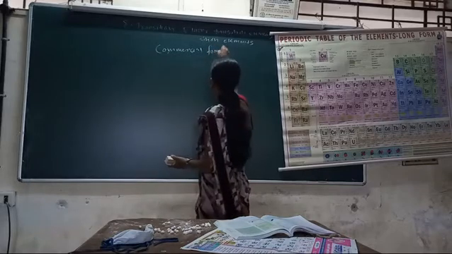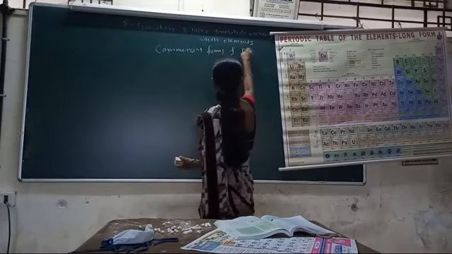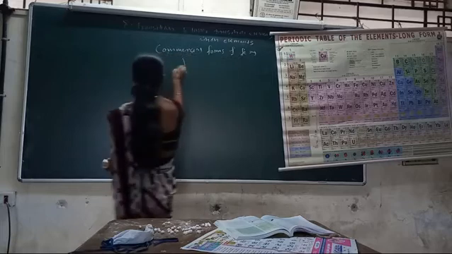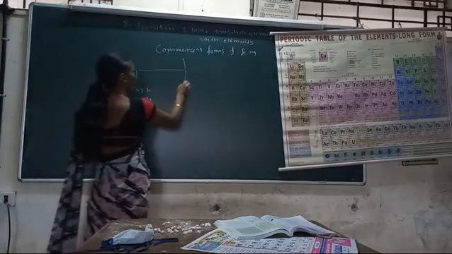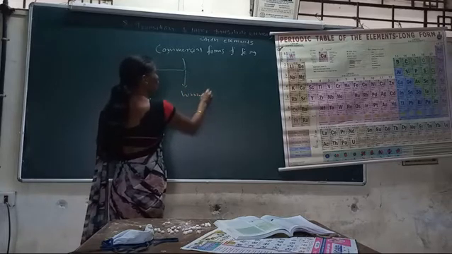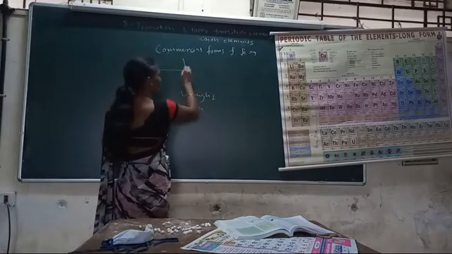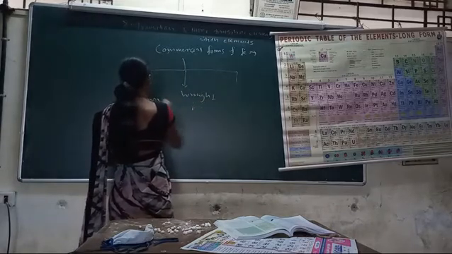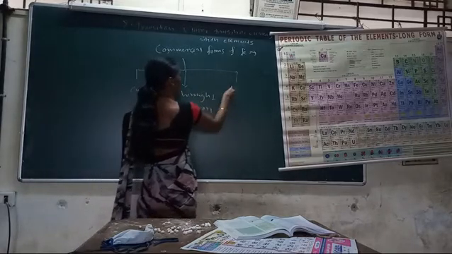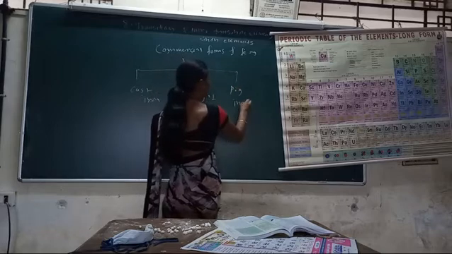Commercial forms of iron. First is cast iron, second is wrought iron, and third is pig iron.